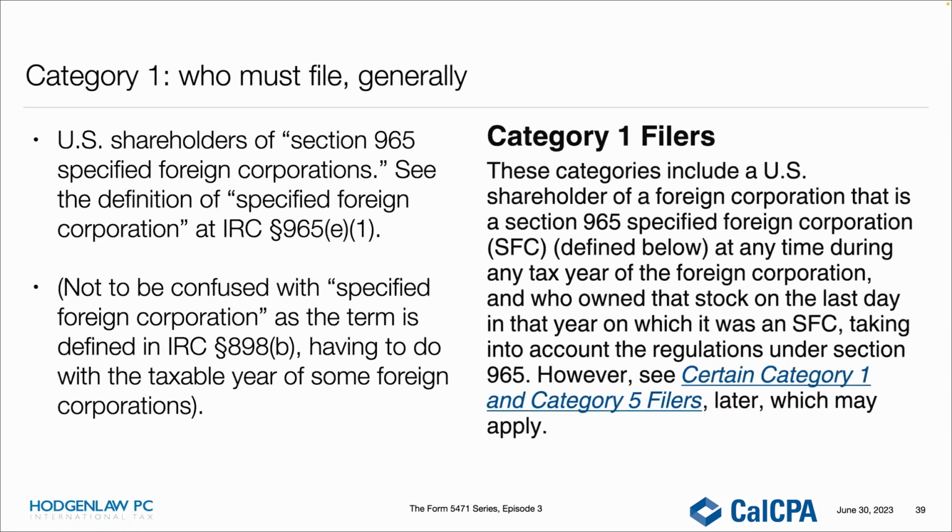Category 1 is very similar to Category 5, but it's just specialized for Section 965, the transition tax. Incidentally, the United States Supreme Court has accepted a case for cert where they will hear about the constitutionality of the Section 965 transition tax. Is it valid or not according to the U.S. Constitution? Who the hell knows?